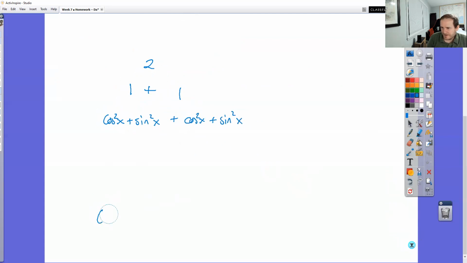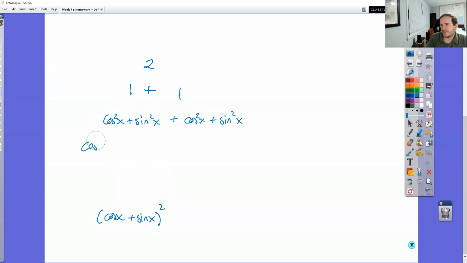And then you know that you're trying to get to a cosine of x plus a sine of x that's getting squared. So you know that you need a trinomial. You need a middle term here so that you'd have a quadratic that factors down to this.